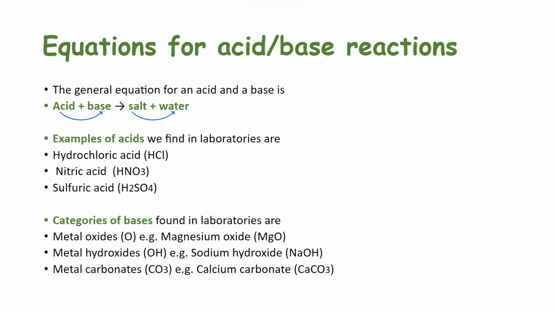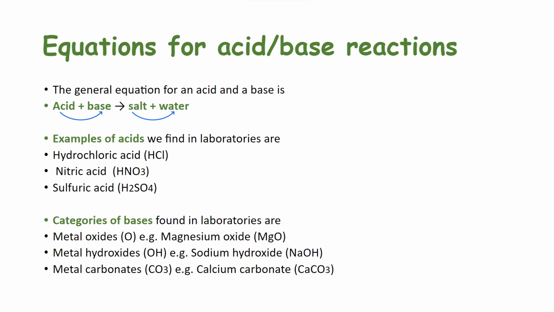What are examples of acids we find in a lab? I've listed 3 on the slide. Please memorize the name and the molecular formula for each. Note that all acids start with hydrogen. For bases, I have listed 3 categories.